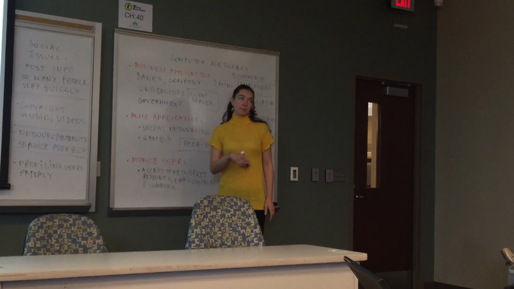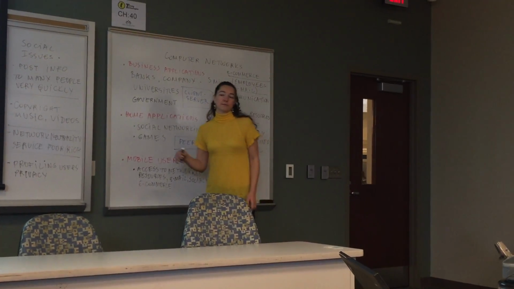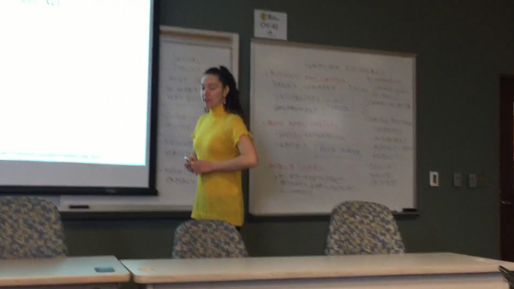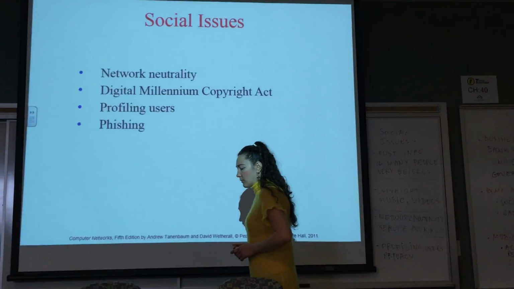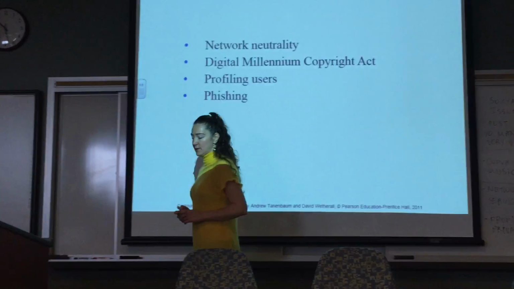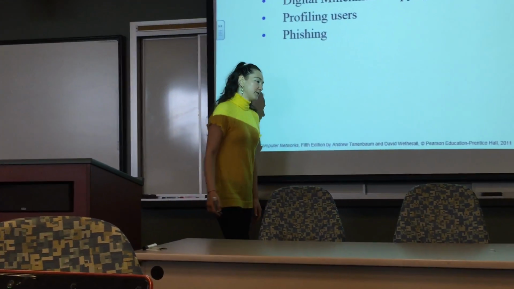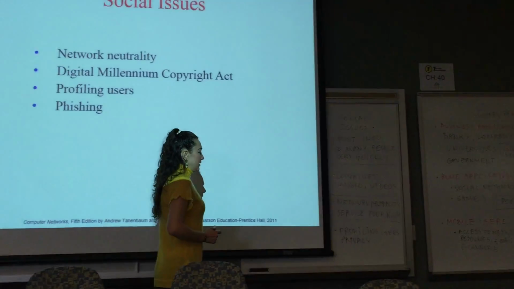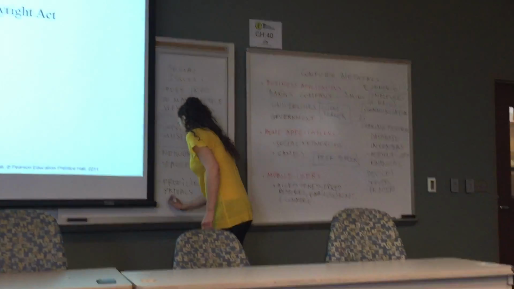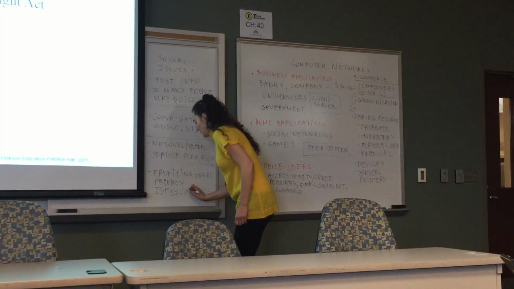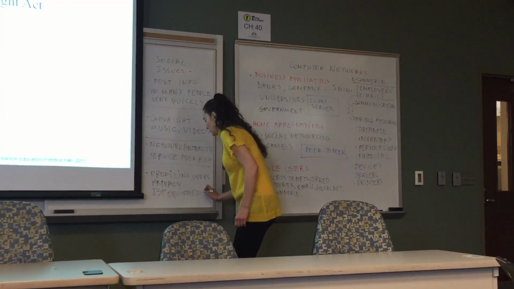But then it raises privacy issues because some people are talking to their family or friends or boyfriends and girlfriends, and they don't want others to read that stuff, so that's considered private. So these are some privacy concerns.